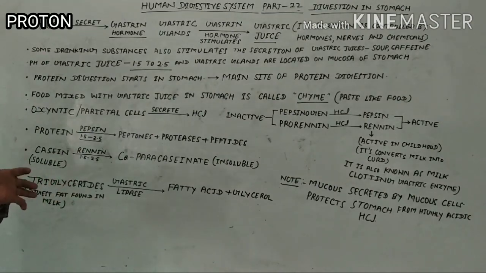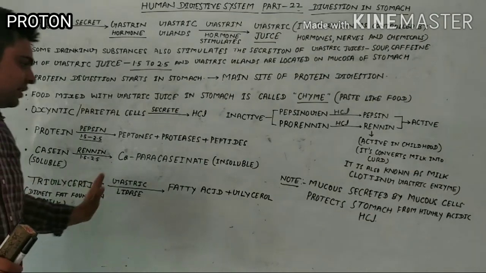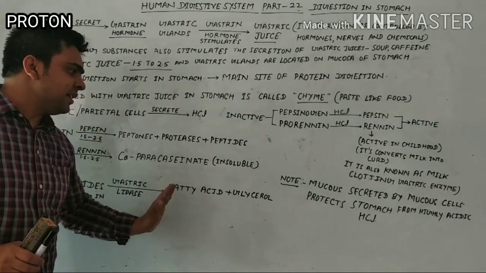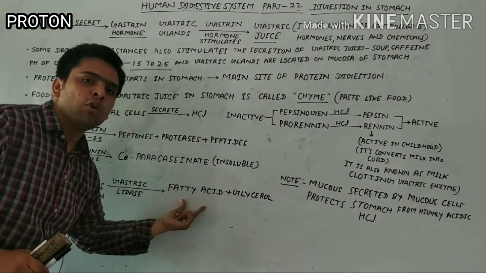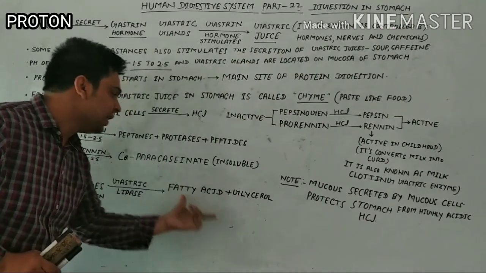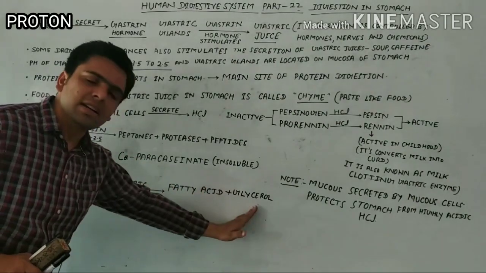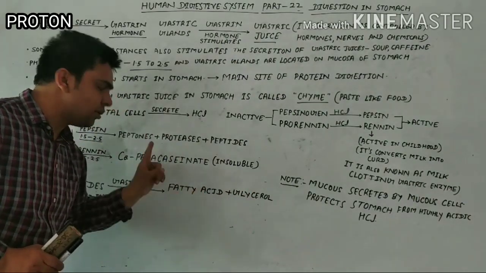Triglyceride is an important form of fat. Clear, students? So triglyceride is converted into fatty acid plus glycerol. These are the end products of fat. When fat gets digested, it converts into fatty acid and glycerol.